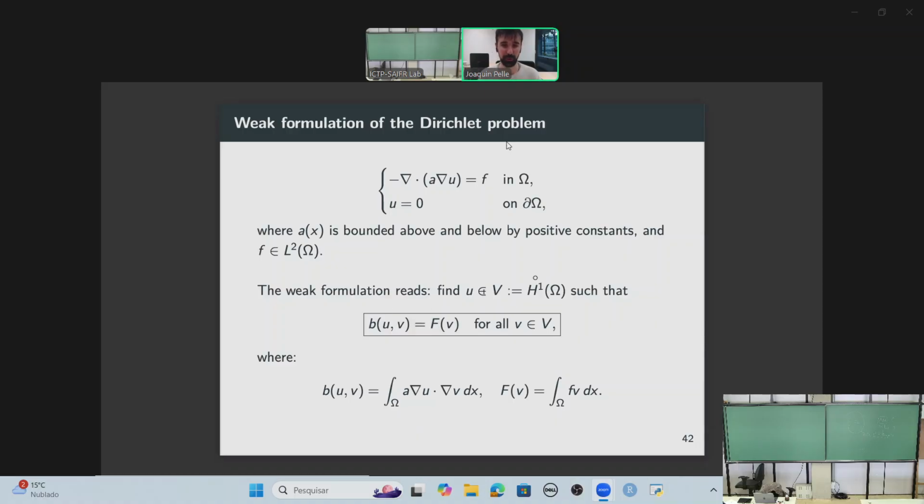Essentially, the weak formulation of the problem is trying to find a certain U in the Sobolev space that vanishes on the boundary, such that this form, the bilinear form B here, applied to U and V for all V equals this function here, where B is this bilinear form here, and F is this function here.